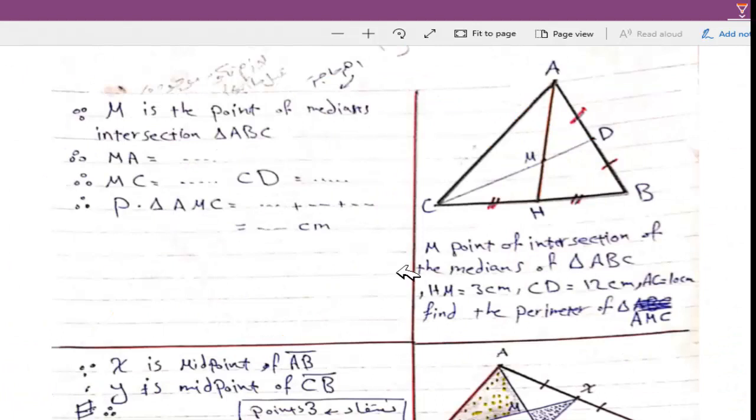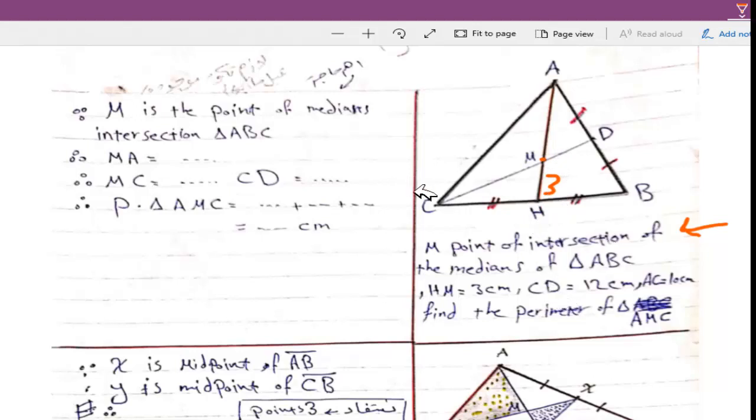Now we have a proof here. If you have a triangle ABC, that is a given, M is the point of intersection, and this is the most important thing you have to write in your proof. As we said, HM, this line segment, equals 3 centimeter.